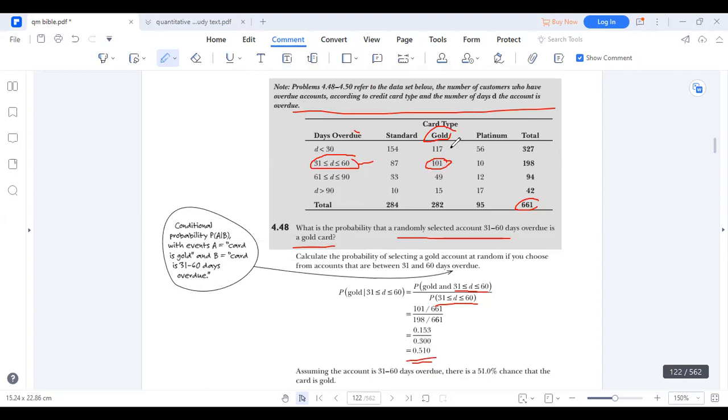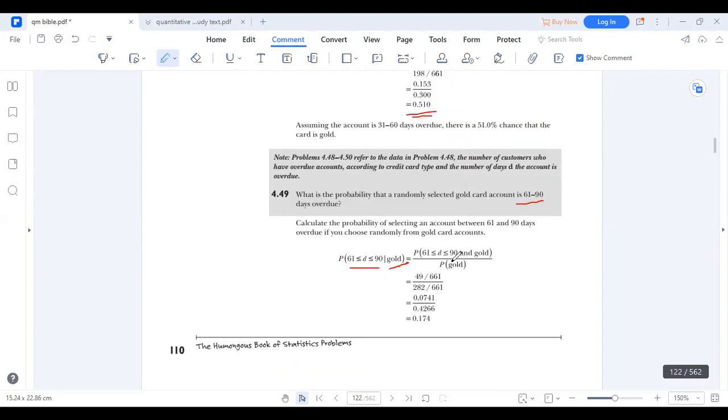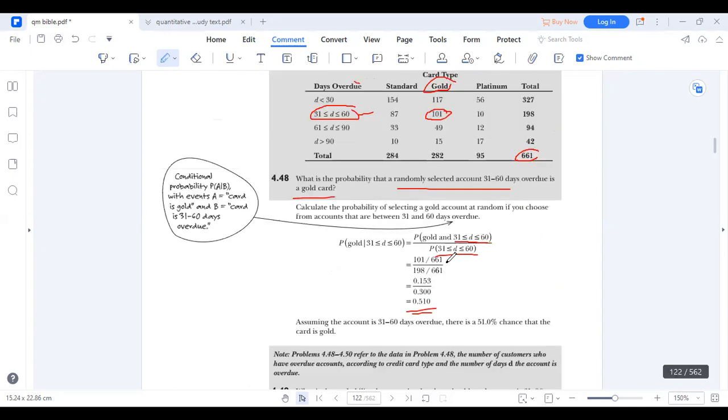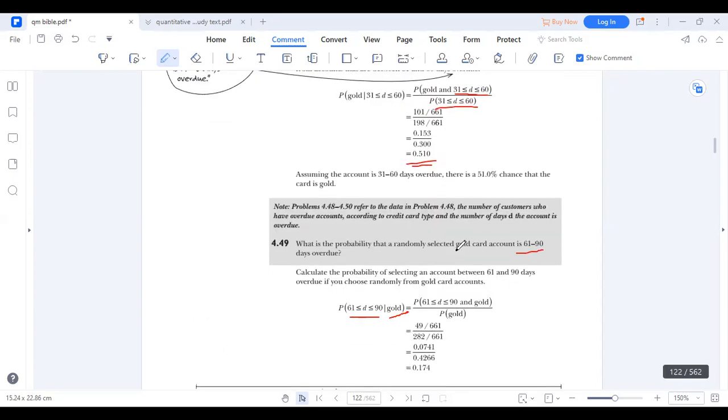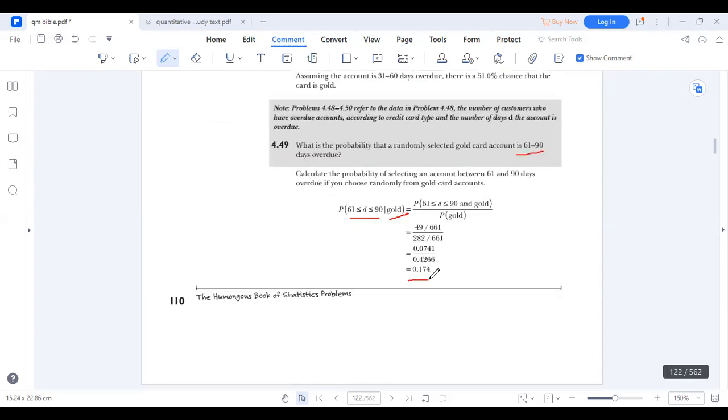So 61 and gold is 49 over 661, over the probability of gold. The probability of gold is 282 over 661. So this is how it came in as 0.174. That's the probability of this one.